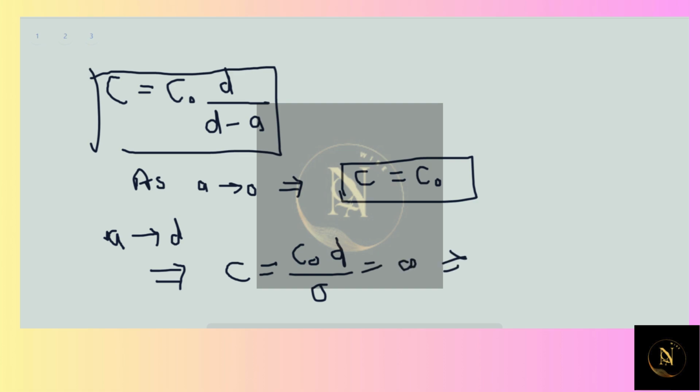So when a tends to d, C tends to infinity. That means when the thickness of the metal slab becomes d, the distance between the plates, the capacitance C tends to infinity. These are the two conditions, and with this we finish the problem.